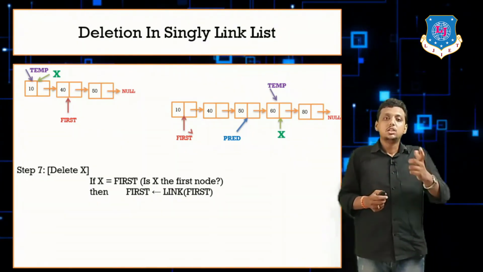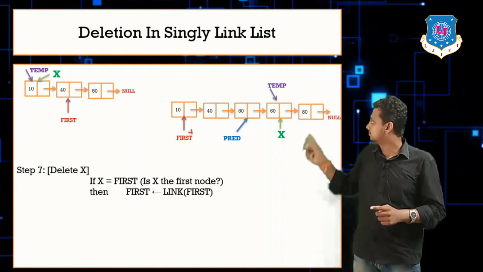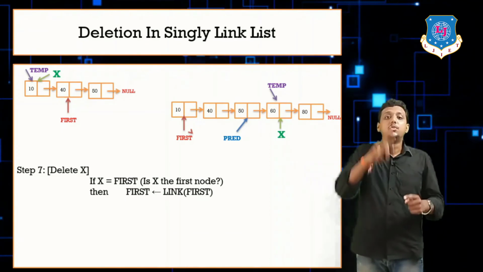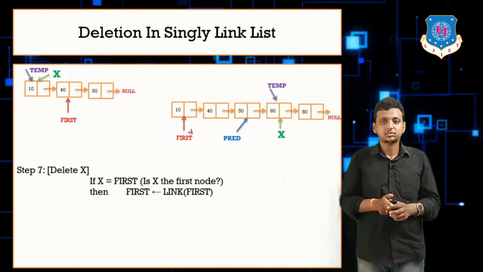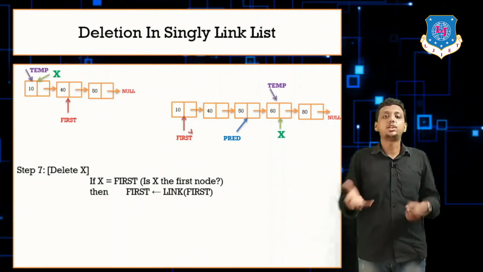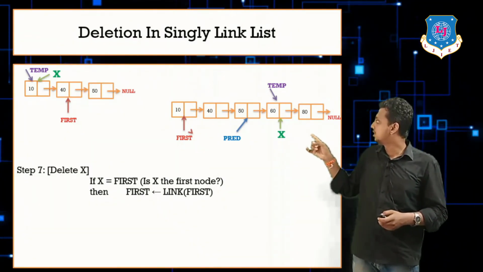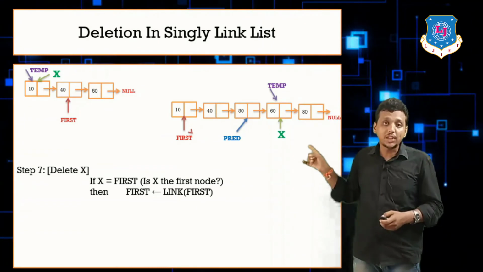To remove the 60, I need to take the link of 50. Link of 50 will point to 80. Now I must have some pointers over there. It's pointing to 80, and the name of the 80 is link of temp.